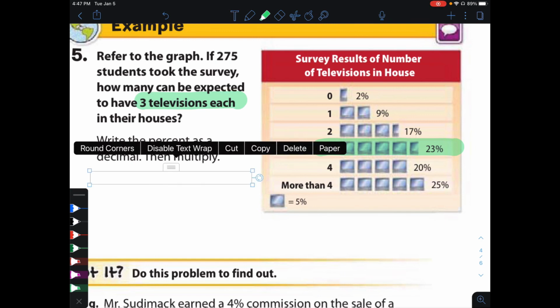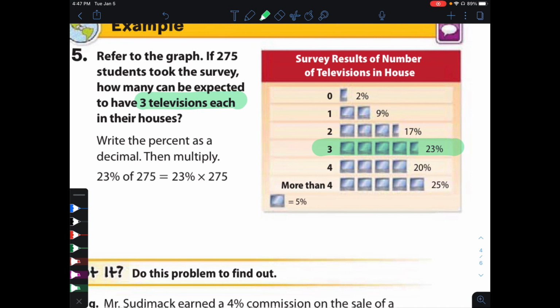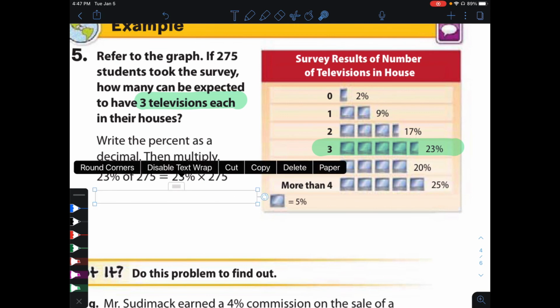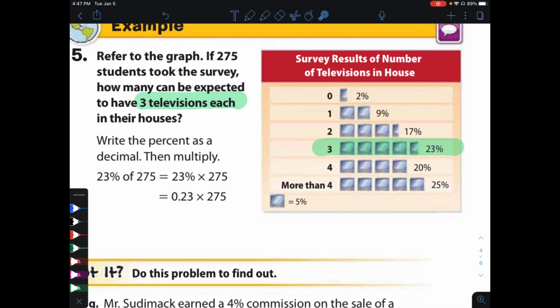We know that 23% of 275 is the same as 23% times 275. So we convert 23% into a decimal. That becomes 0.23 times 275. Again, if you use your calculator, 0.23 times 275 will give you 63.25.